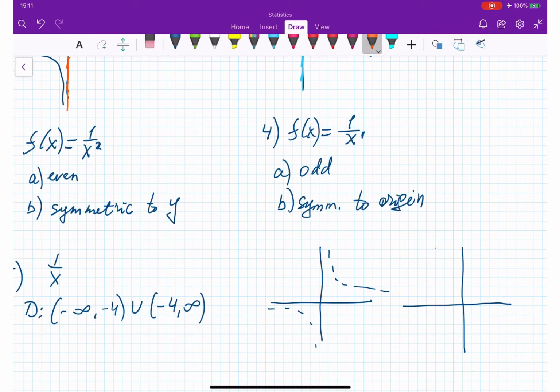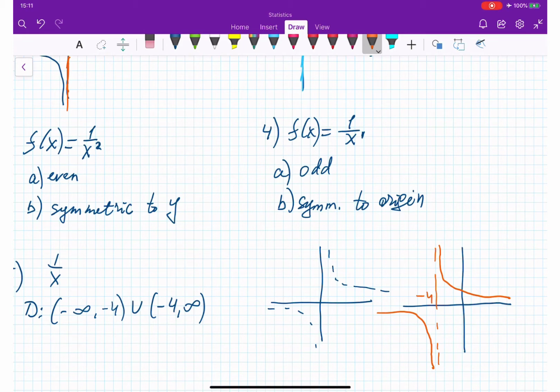This is, let's say, my negative 4. Yes? So the graph is gonna go like this. Because the breaking point is negative 4 instead of 0.